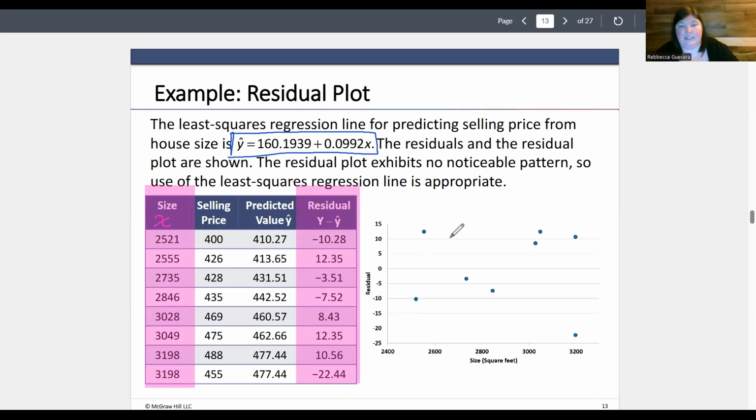And what we see here is this data doesn't seem to have any pattern. And when we don't see any kind of definite pattern going on, then we can say that a least squares regression line is appropriate for this data. No pattern. So this is the residuals, right? So we have no pattern in the residual plot.